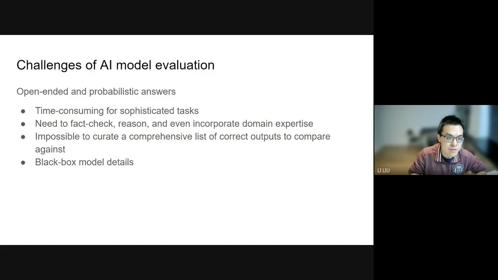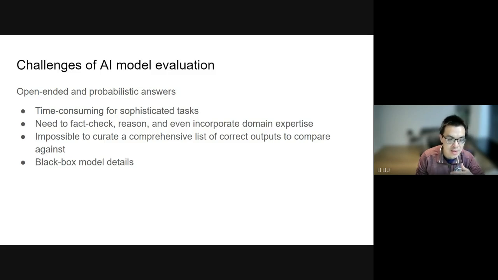There are some reasons why it is so challenging. The first is that it's time consuming for sophisticated tasks. Let's say you ask the AI to summarize a book or documentation, and you want to know whether the summary is good or not. In order to evaluate that, the evaluator also needs to read through that chapter. That task itself is very time consuming, to see whether the summary actually contains the right information.